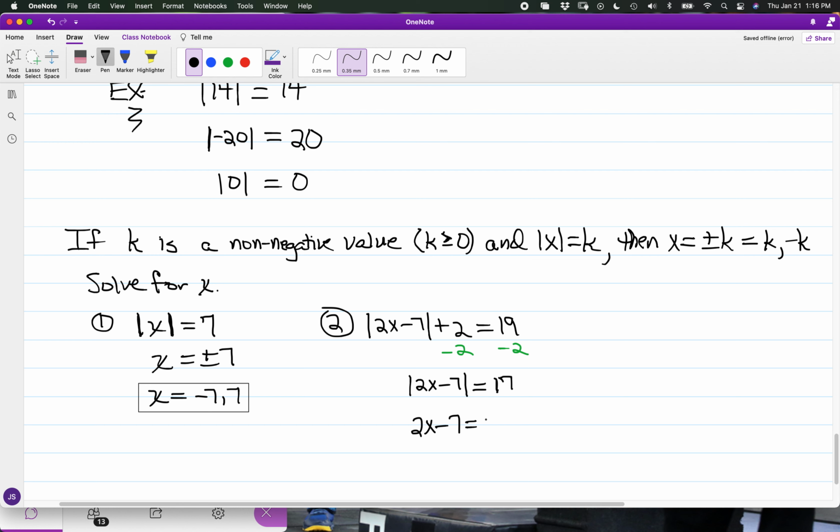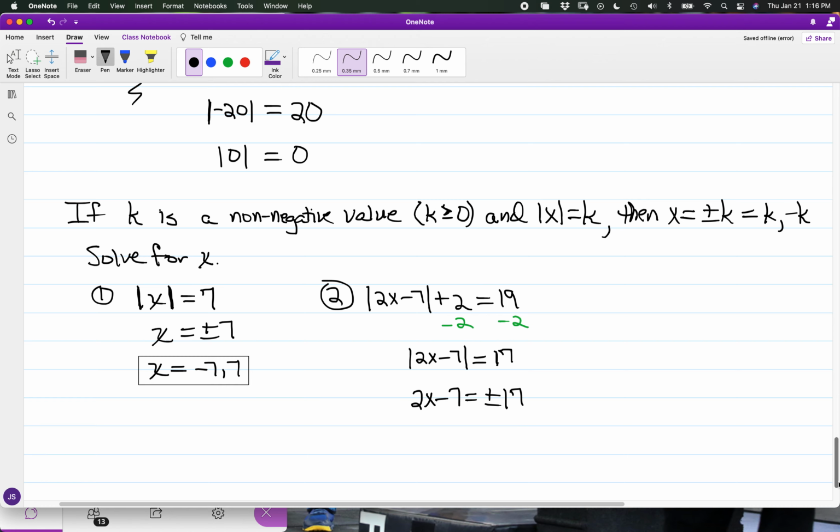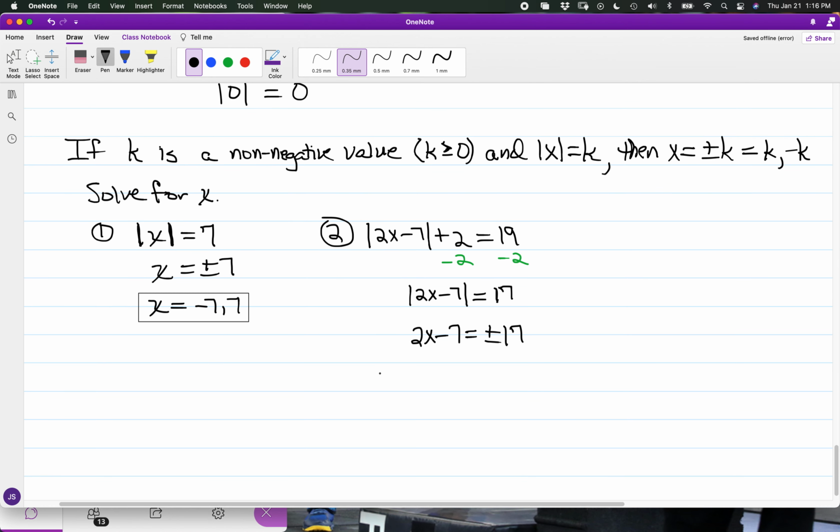So here we have 2x minus 7 is equal to positive or negative 17. We're still solving for x. On the one hand, 2x minus 7 is equal to negative 17, and on the other, 2x minus 7 is equal to 17.